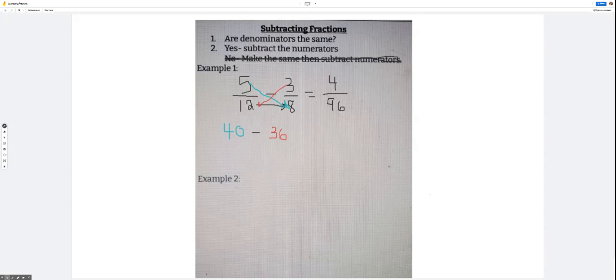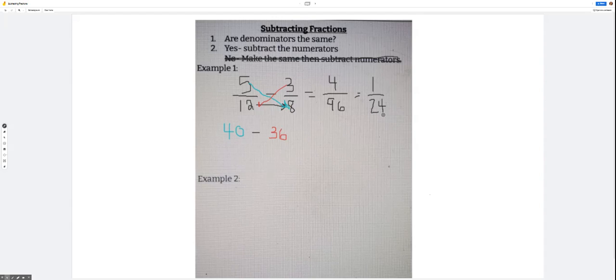If you are using that calculator, then you're going to simply type in 4 ABC 96, enter, and that's going to tell you that the simplified fraction is 1/24.